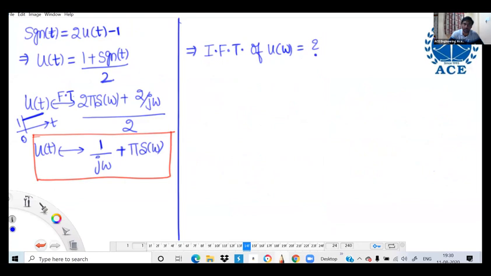Duality. Make a try and tell me. What is the inverse Fourier transform of u(ω)?